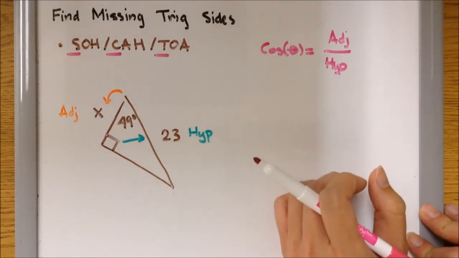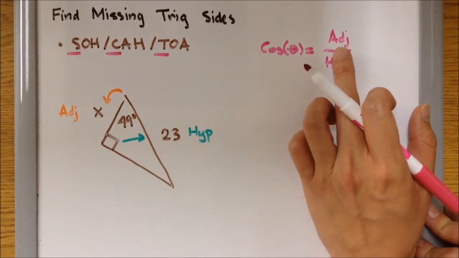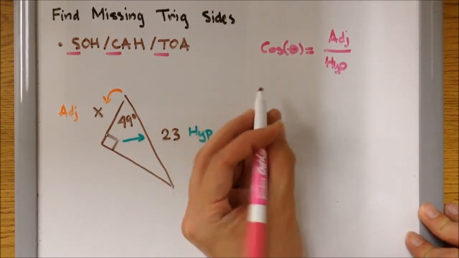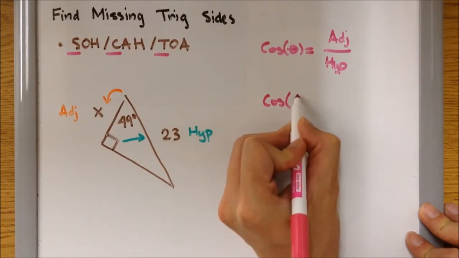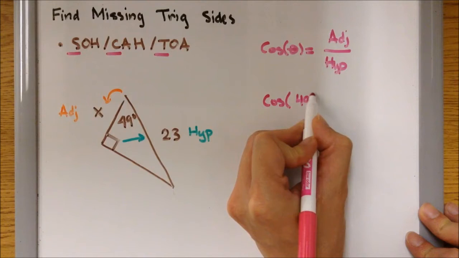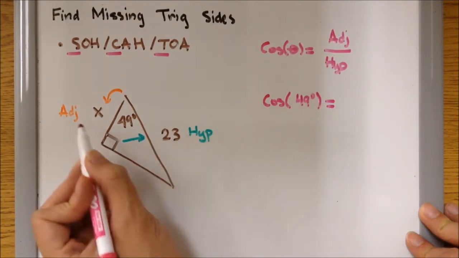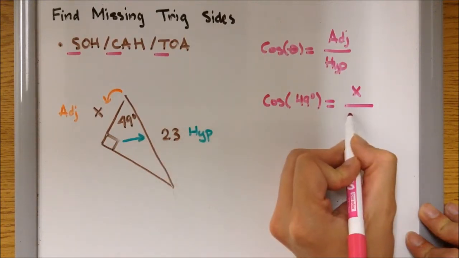Alright, so all I'm doing is plugging in theta with 49 degrees, adjacent with x, and 23 for hypotenuse. So we're going to have cosine of 49 degrees equals my adjacent, x, over my hypotenuse, 23.